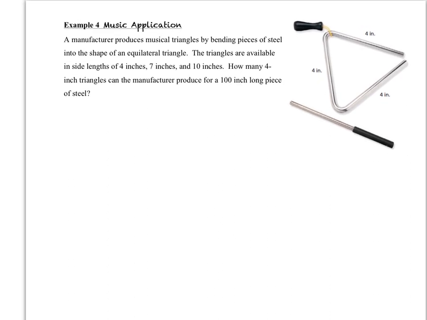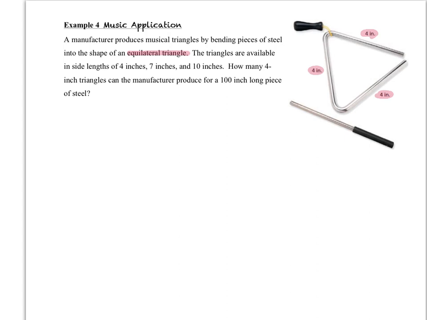A manufacturer produces musical triangles by bending pieces of steel into the shape of an equilateral triangle. We can see the side lengths are 4 inches all the way around the triangle. Then it says the triangles are available in side lengths of 4 inches, 7 inches, and 10 inches. So there are 3 different sizes of equilateral musical triangles.